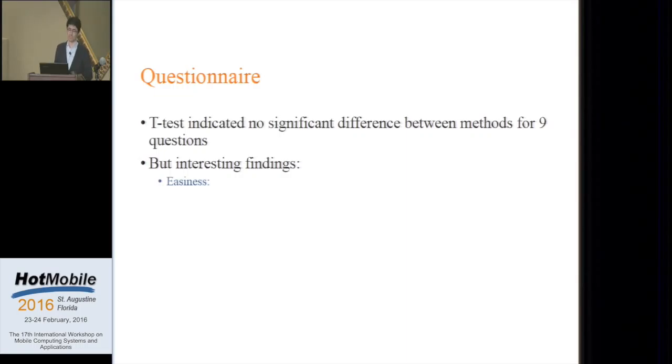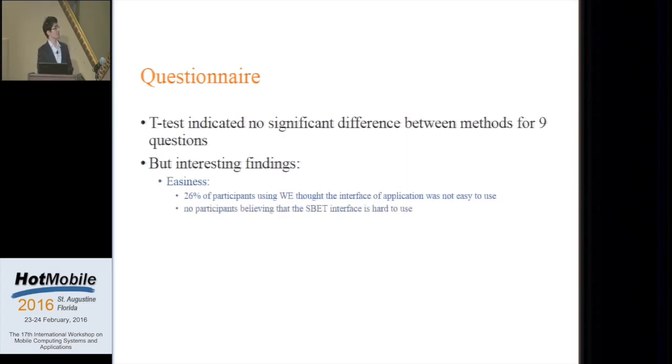After that, we did a questionnaire and an interview. First of all, the questionnaire, and then the interview, with 9 very basic questions regarding these two methods. An interesting finding is that 26 participants using WE thought the interface of the application was not easy to use.